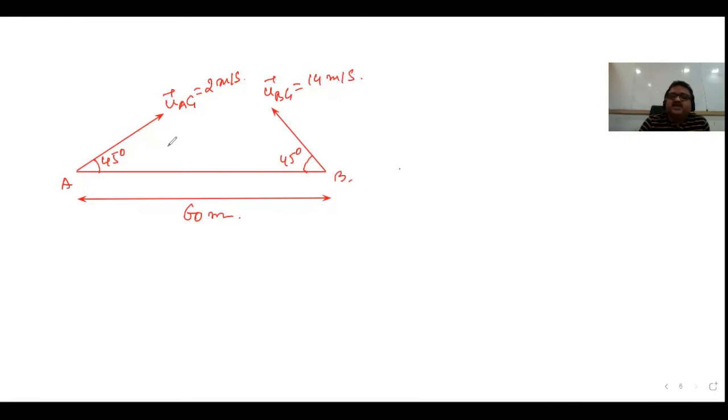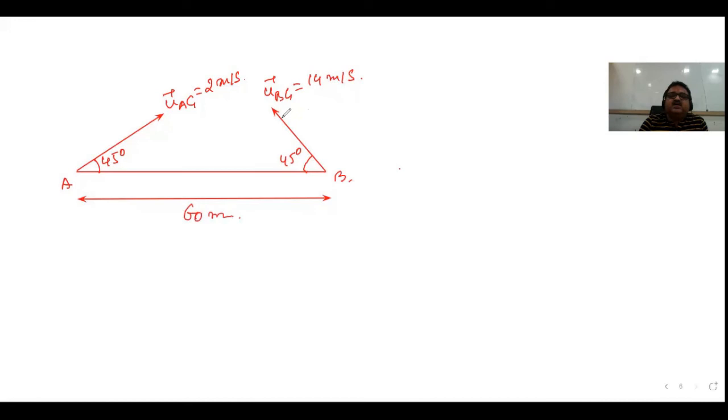A problem is given like this: if there are two projectiles A and B, both are projected simultaneously, one from the point A, another from the point B. One makes an angle 45 degree, another makes an angle 45 degree, and both are with respect to the ground. Correct? It is given that the initial velocity of A with respect to ground is 2 meters per second, and that of B is 14 meters per second. You need to find out the minimum separation during their motion.